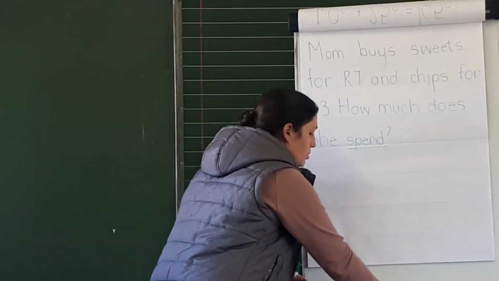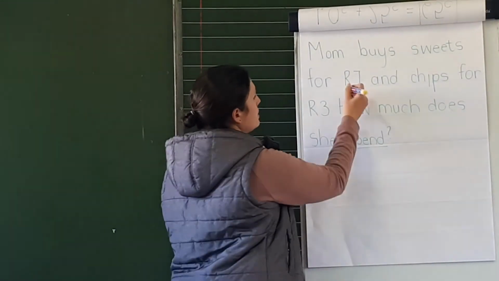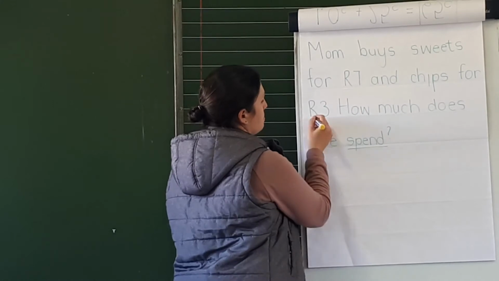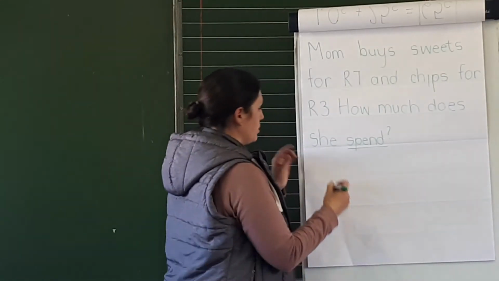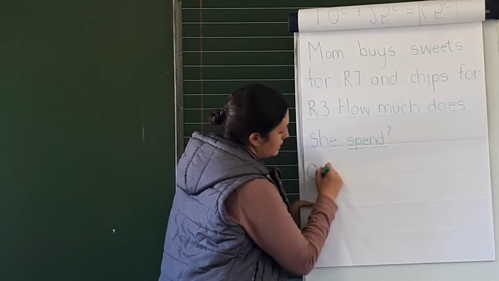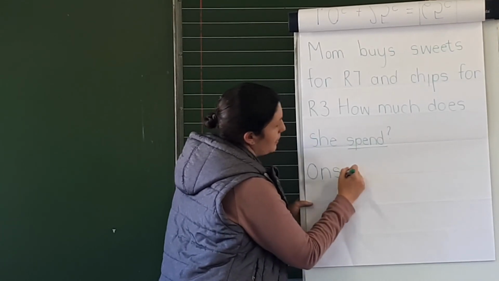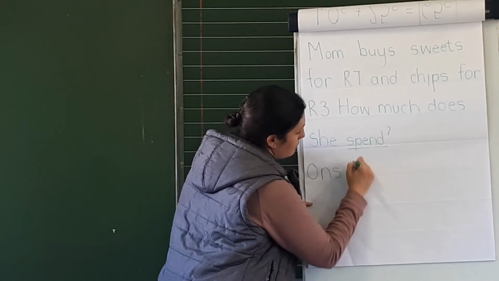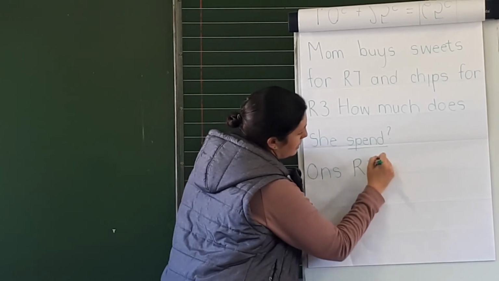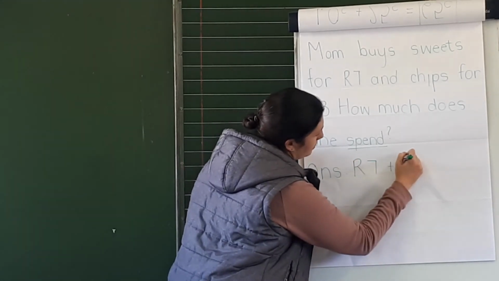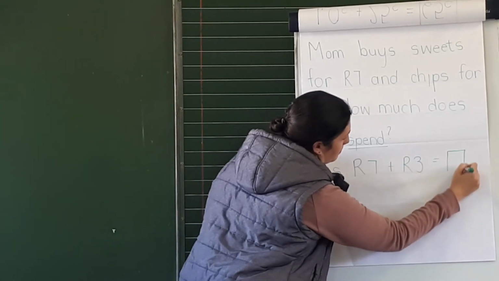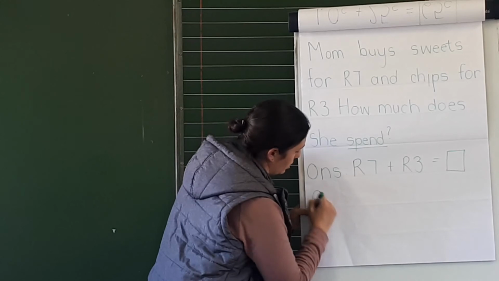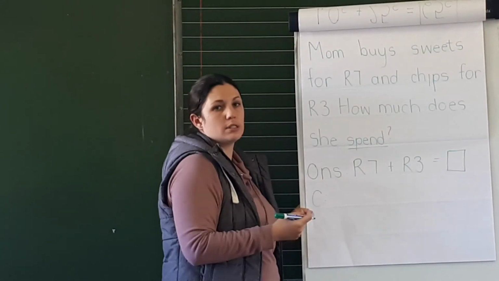So she bought sweets for R7, chips for R3. My open number sentence, you know this, it's always the sum without the answer. So my sweets were R7 and my chips were R3, and I don't know what the answer is yet. Now my calculation is easy, it's exactly what we just did before.